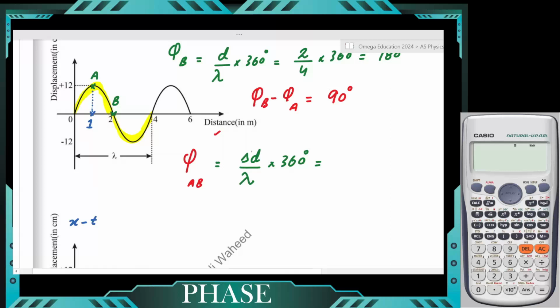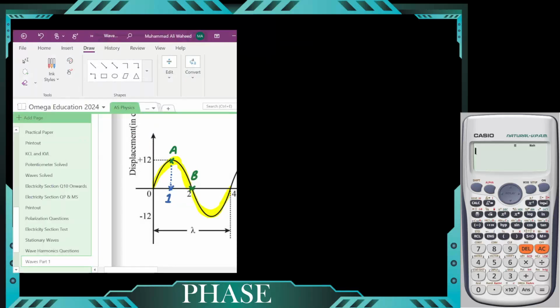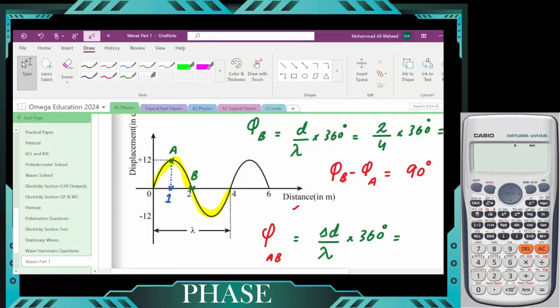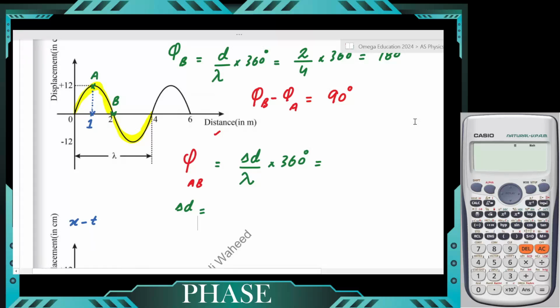So what is delta D? Delta D is the distance between 2 points on the displacement distance graph.